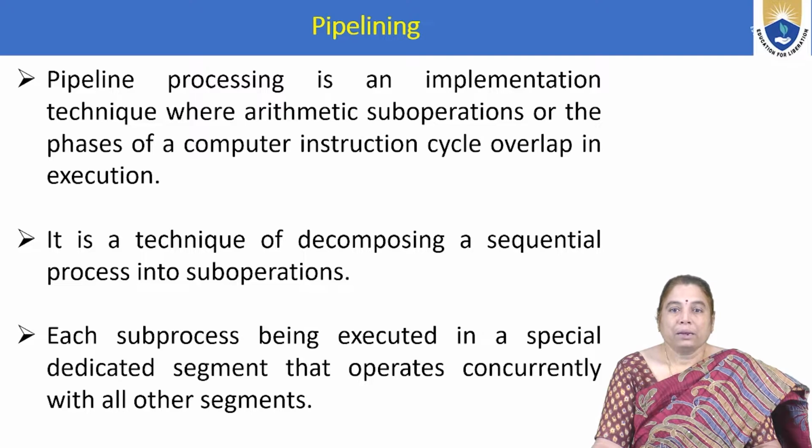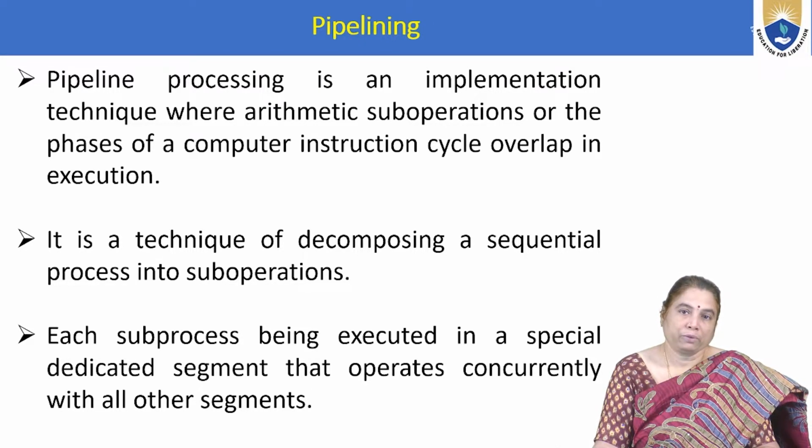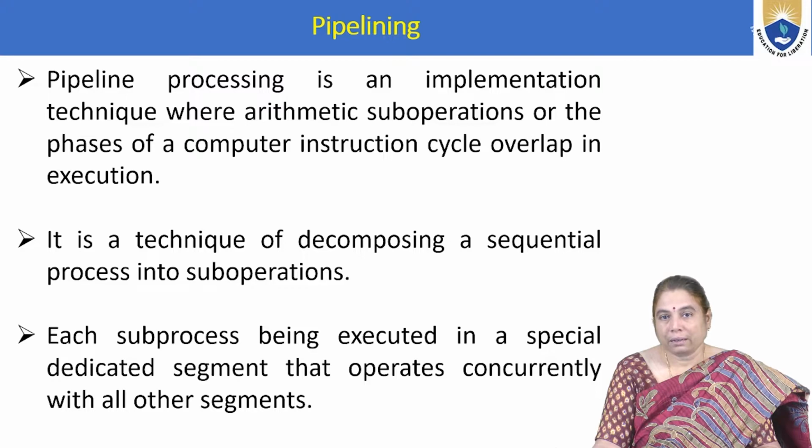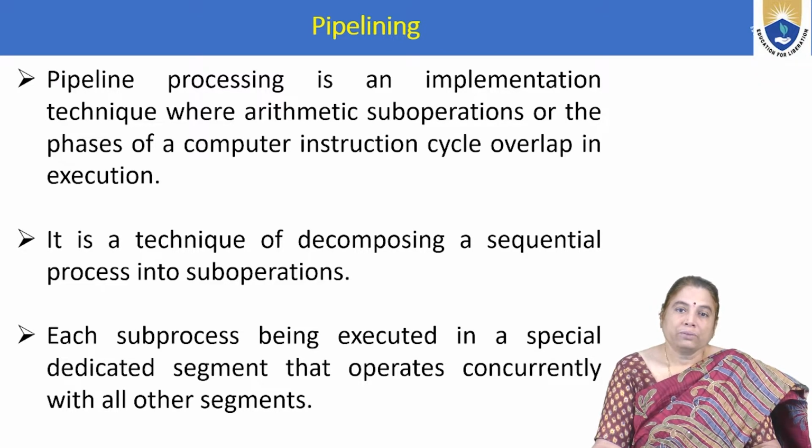That means multiple sub-operations can be executed in parallel with the help of the pipeline process. This can be any arithmetic operation, or the concept can be implemented for the execution of the phases or steps of the instruction cycle.